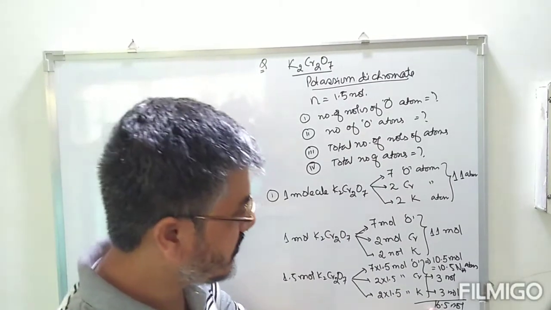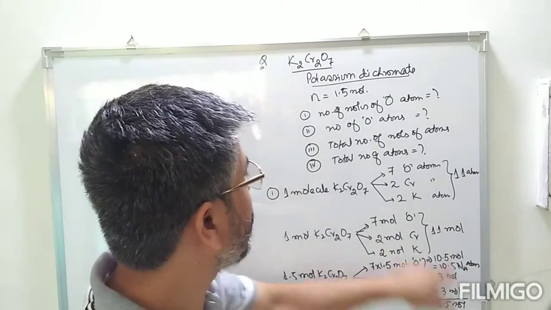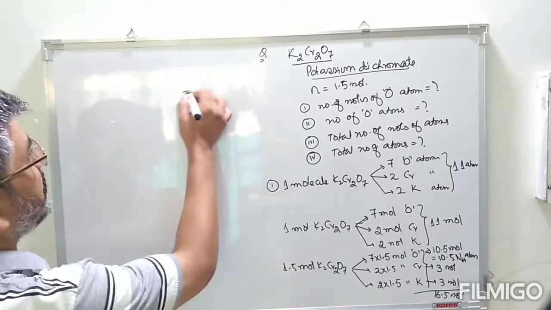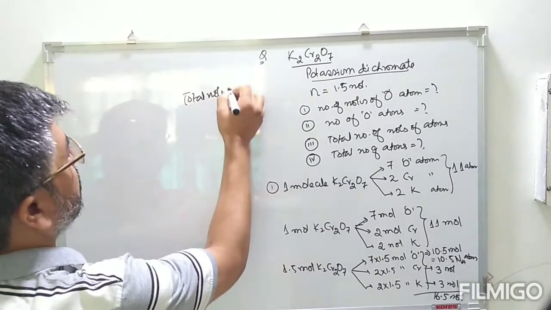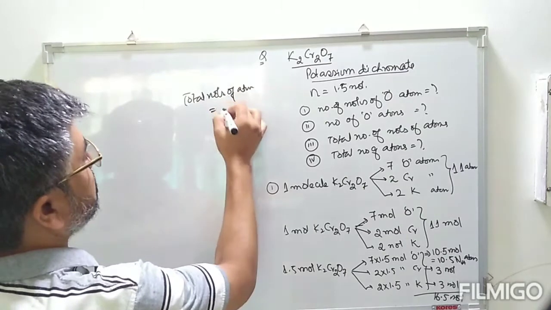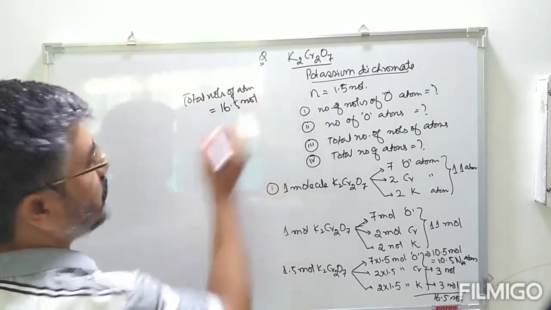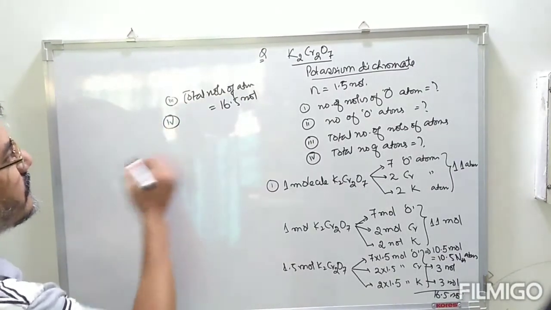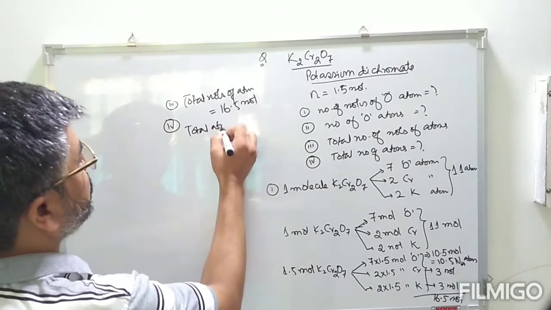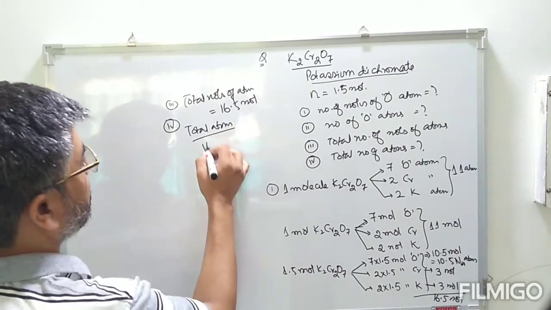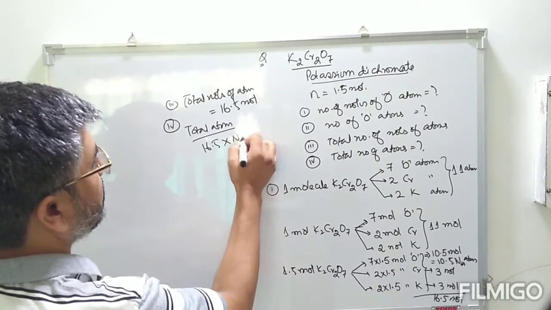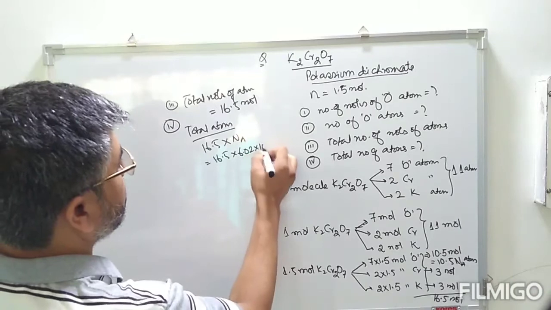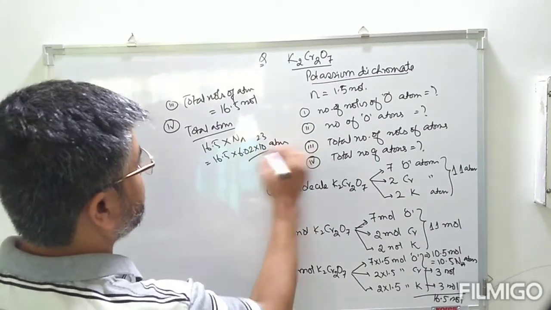If the total number of moles of atoms is 16.5, then the total number of atoms is 16.5 into the Avogadro number, that is 16.5 into 6.02 into 10 to the power 23 atoms.